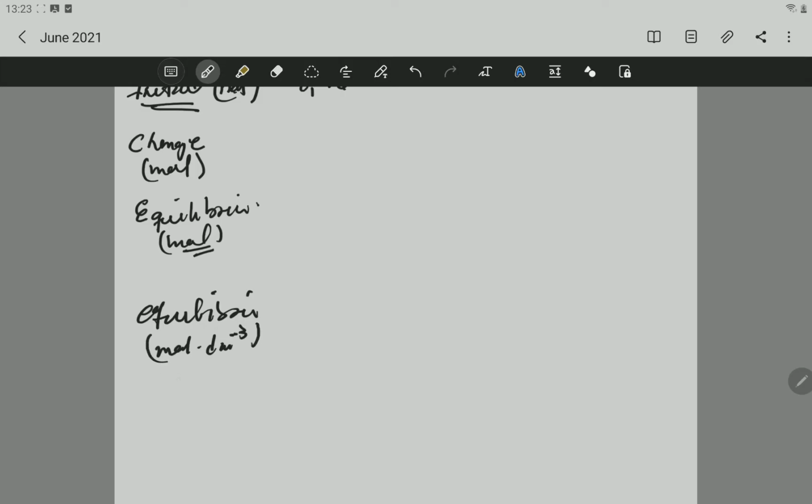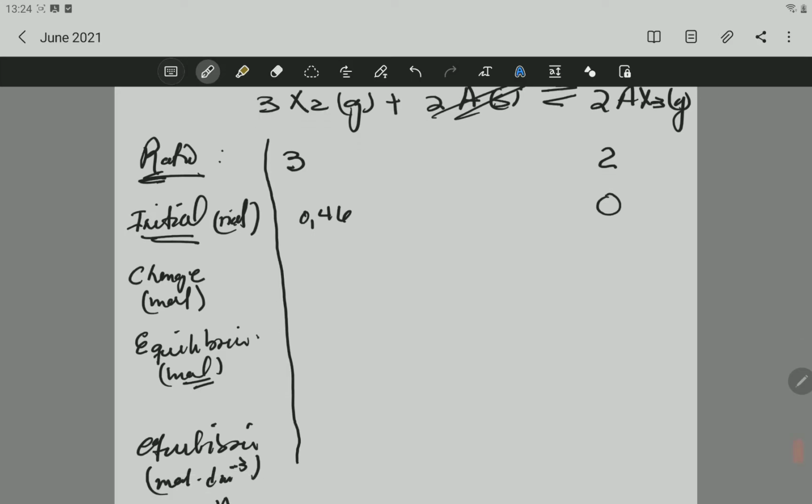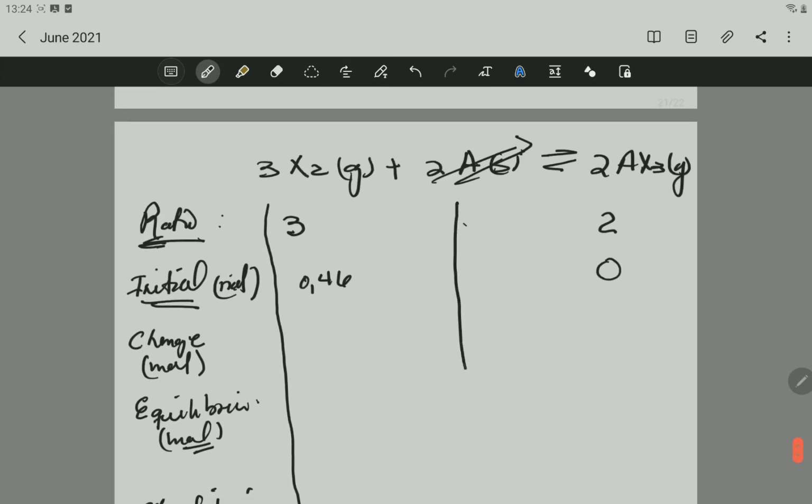What is that? That is the concentration, equal to number of mole divided by volume. We're going to use that formula. And then, let's probably do a small line here and another one somewhere there, so we know the table.